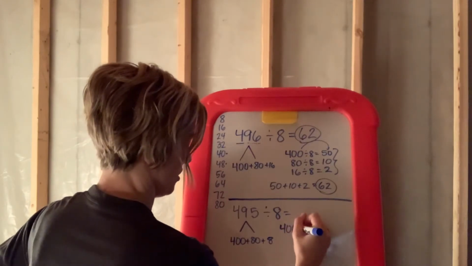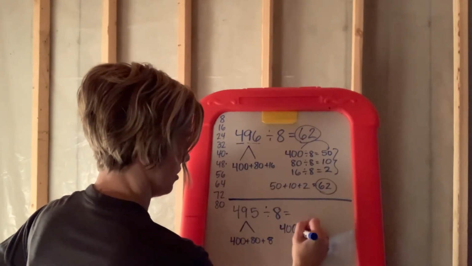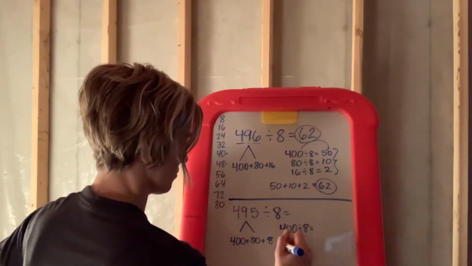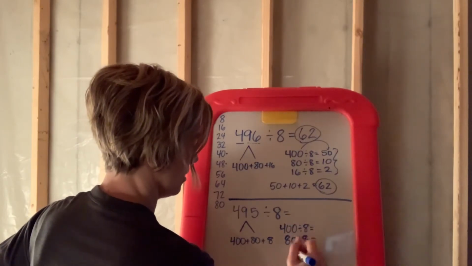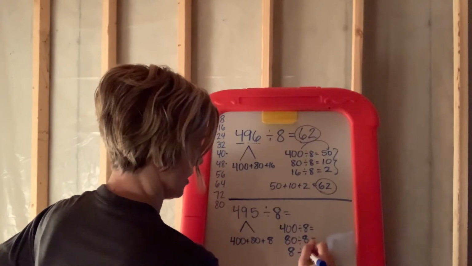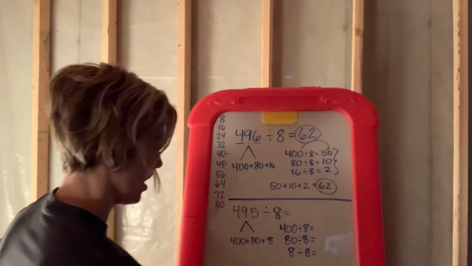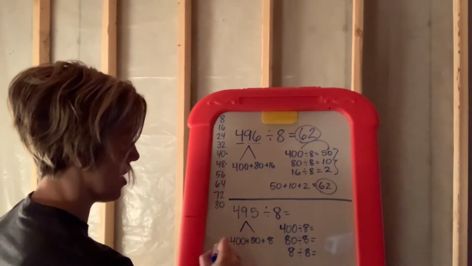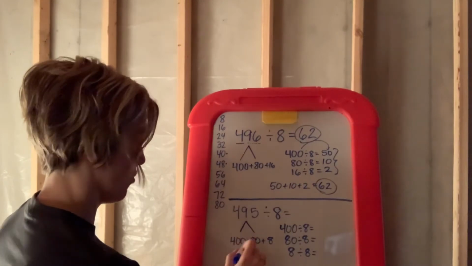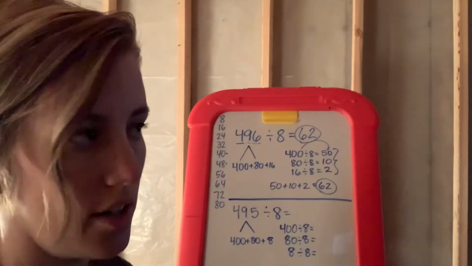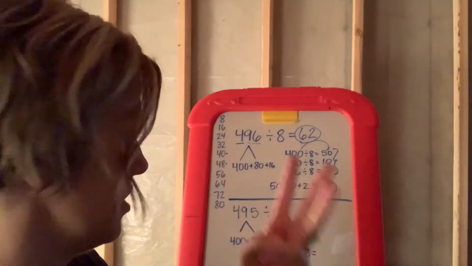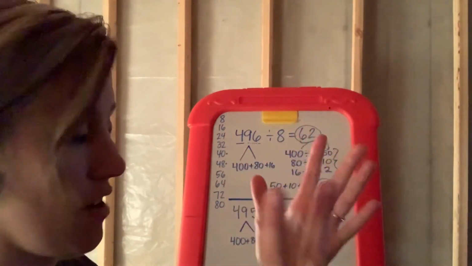So 400 divided by 8, 80 divided by 8, and 8 divided by 8. Now, how many am I off? 488. 89, 90, 91, 92, 93, 94, 95.